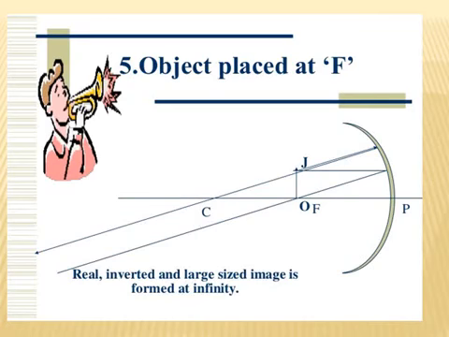As usual, let it be parallel to the principal axis and after reflection it will pass through the principal focus. That is the first one. Second, join C and the point J, which is the top of the object. Any ray which passes through the center of curvature is reflected back in the same path.